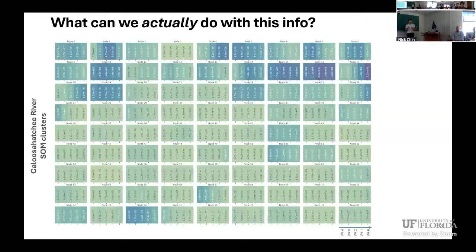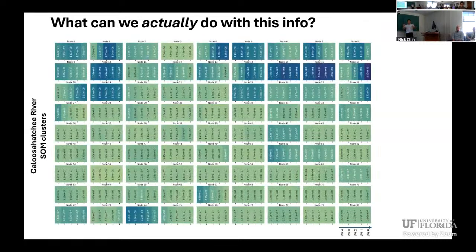So this is actually where we took out, so this is that 9x9 SOM that we had, but we just extracted the Caloosahatchee River, right? So if we know that there are certain regimes that we are headed into, we'll have an idea of what direction and magnitude the Caloosahatchee River may move in to end up with some of our bloom states that we may be interested in.